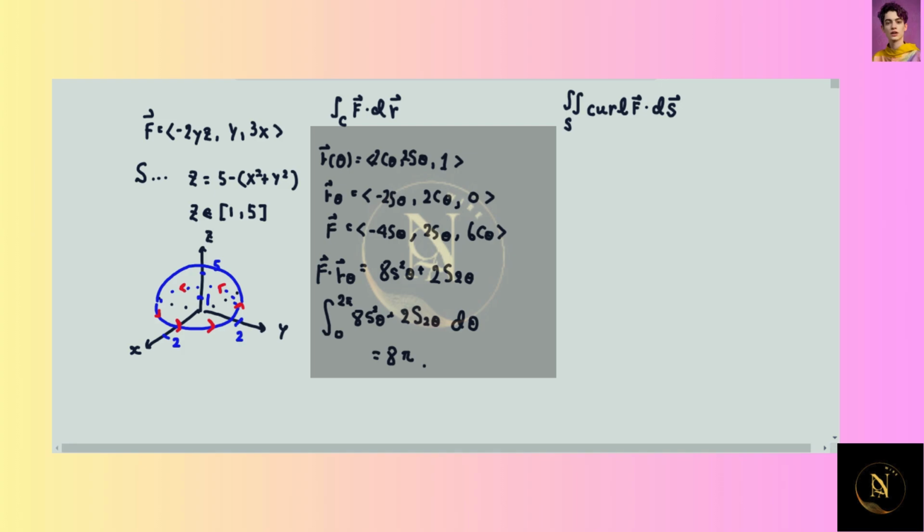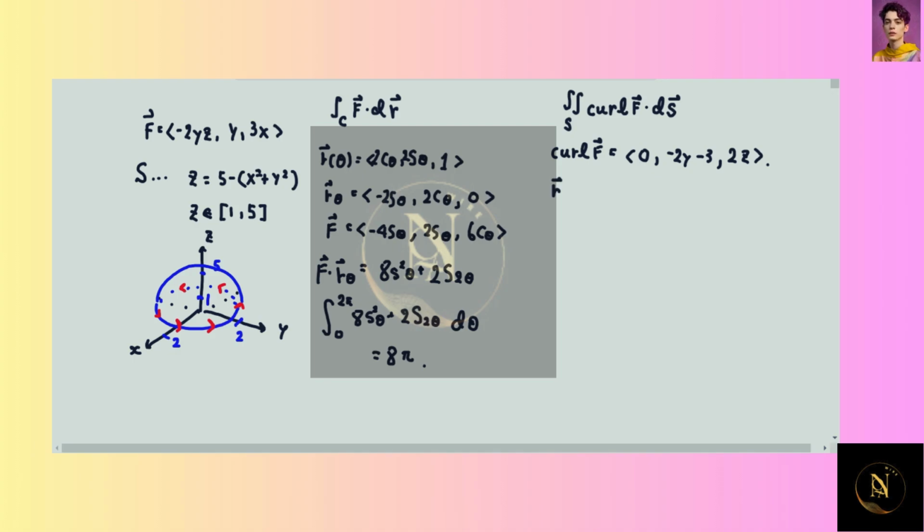So first I will calculate the curl. I've already done the calculation. However, you will get ⟨0, -2y - 3, 2z⟩.